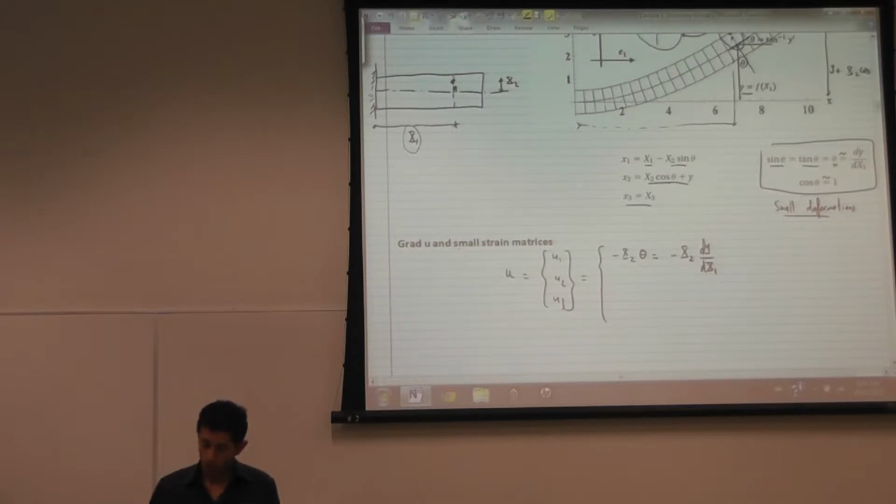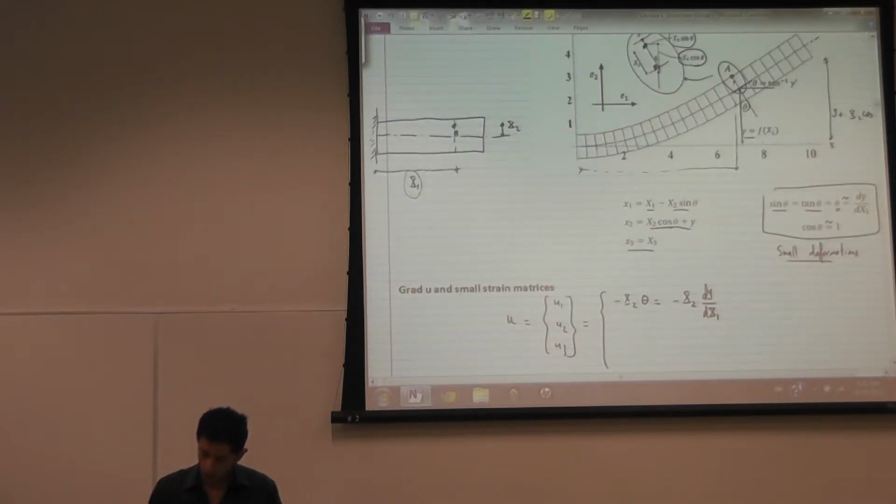And just to clarify here, I've made everything a function of one function. That function is y. If I know y, I know the new position, and I know theta because it's the rate of change of y, and I know where the beam has been. So everything is now a function of this unknown y. If I know y, I know everything about the deformation of the beam.